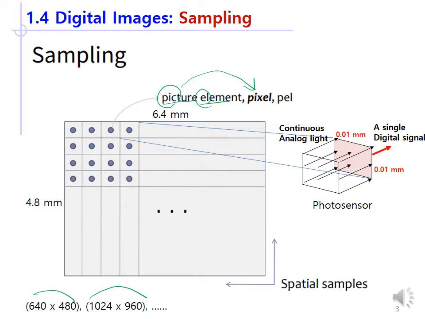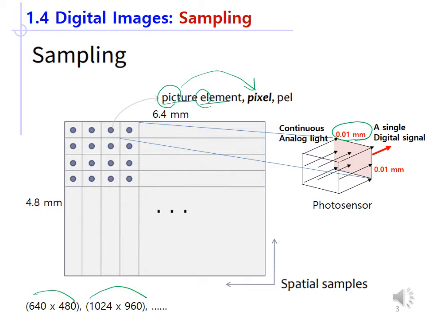The CCD chip consists of very small photosensor cells. Typically the size of each sensor on this chip is 0.01 millimeter by 0.01 millimeter, very small.